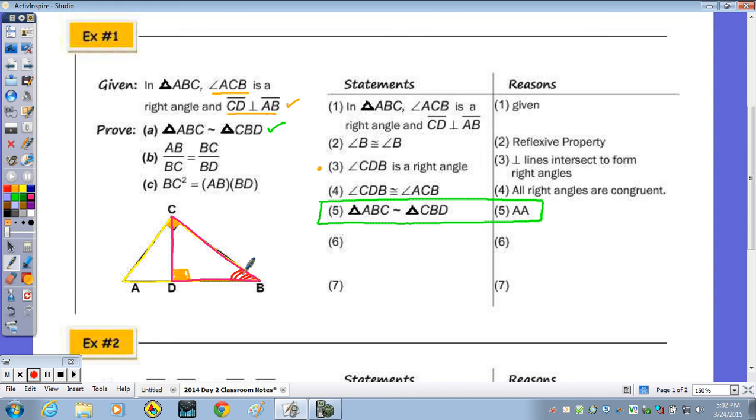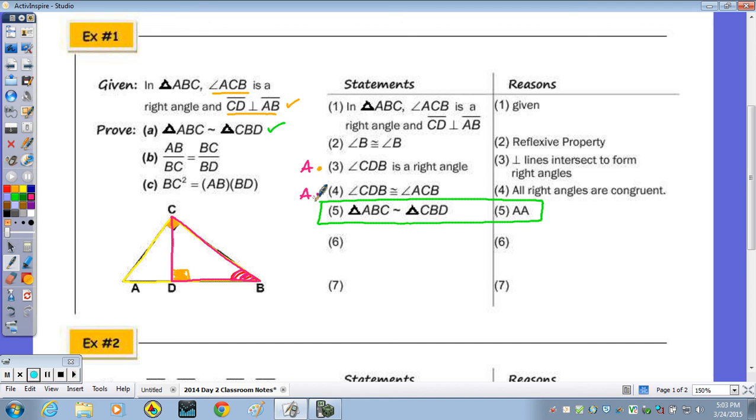So these triangles are overlapping, and they do overlap right at angle B, or they have angle B in common. So number 2, angle B is congruent to angle B by reflexive property. And again, given the right angles, all right angles are congruent. So here's the A for the postulate angle to prove two triangles similar.